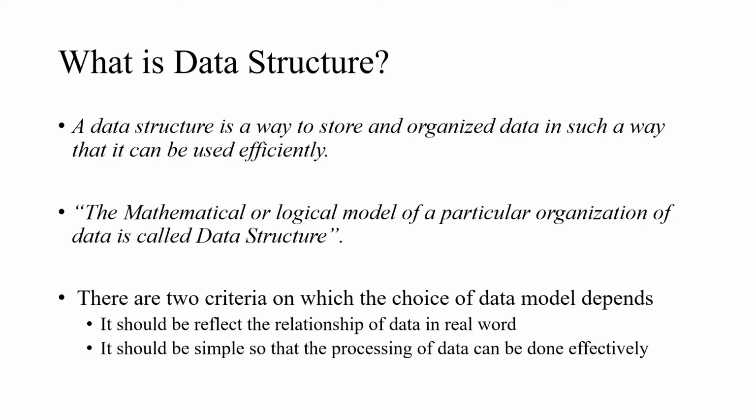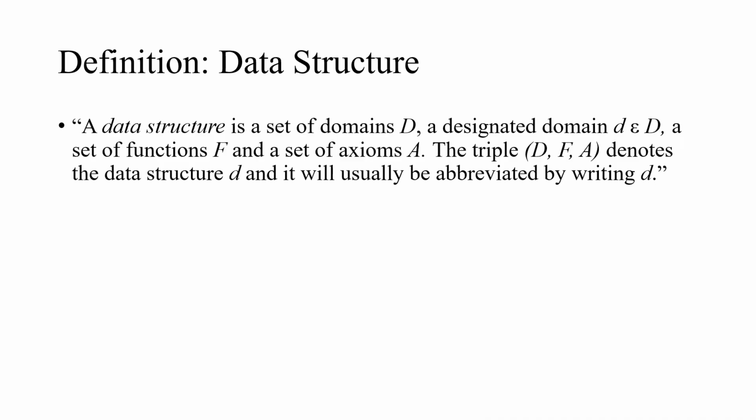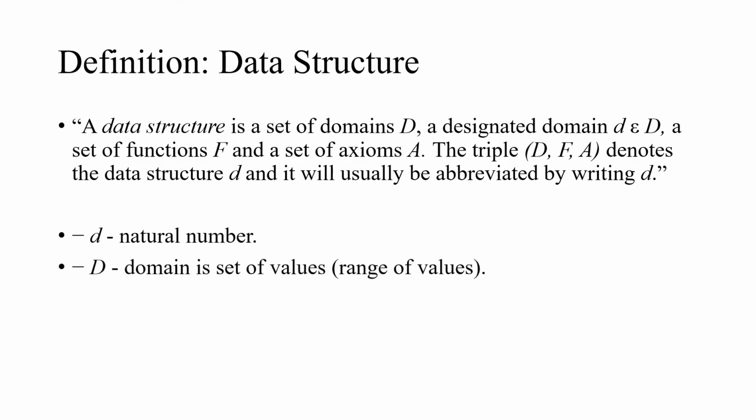Technically, the definition of a data structure is a set of domains D, a set of functions F and a set of axioms A. The triplet (D, F, A) denotes the data structure D and will usually be abbreviated by writing D. So what is D?